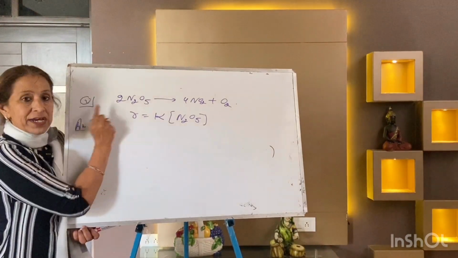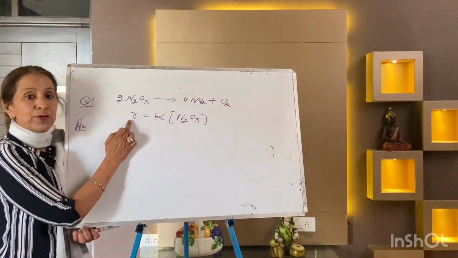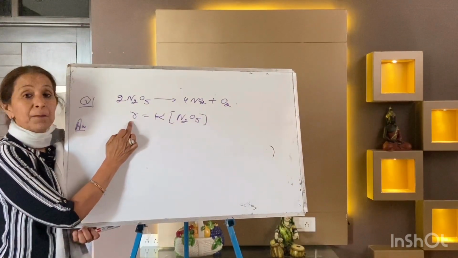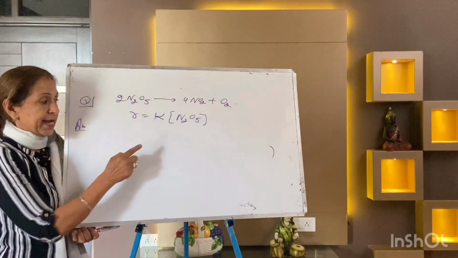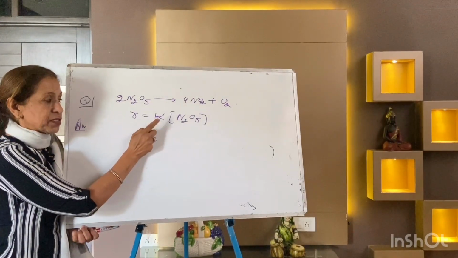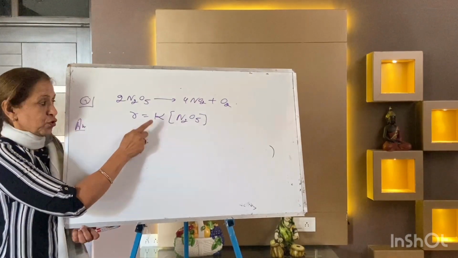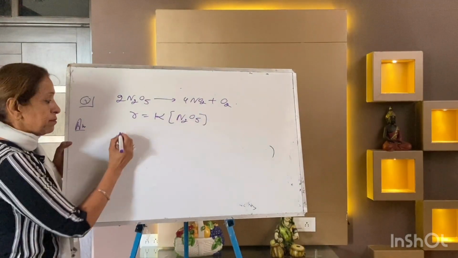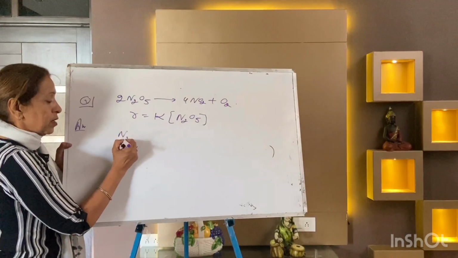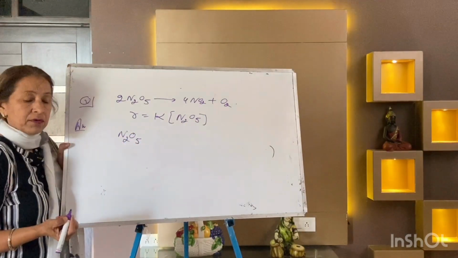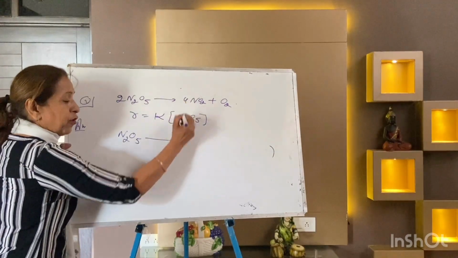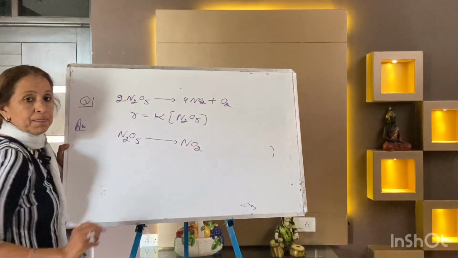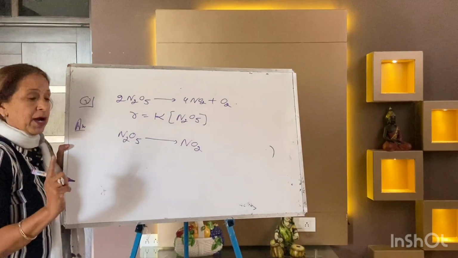Now this is your overall equation, this is your rate equation. This is written with the help of rate law. Okay, now you will take the help of this. This is written from the slowest step. So you are now taking the mechanism, slowest step, rate law. You will take just N2O5 arrow. Just one product will come out, not 4 NO2, only one NO2 will come out.